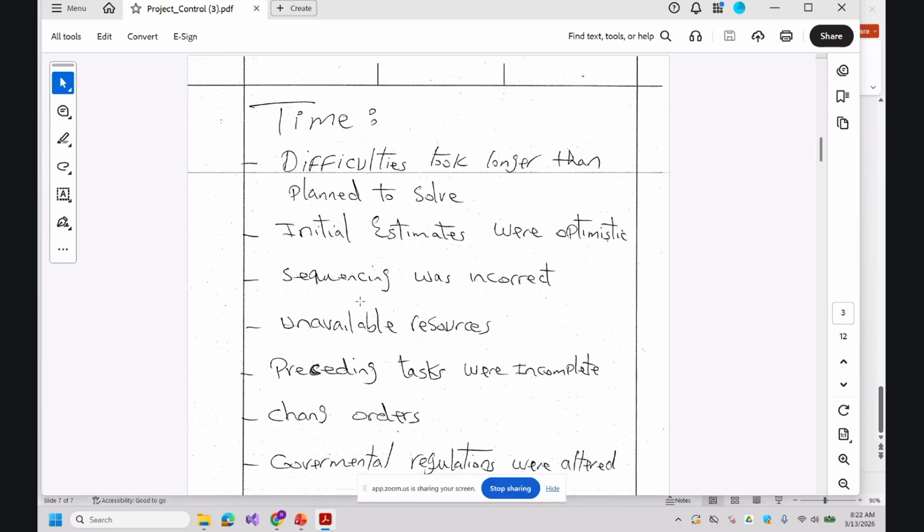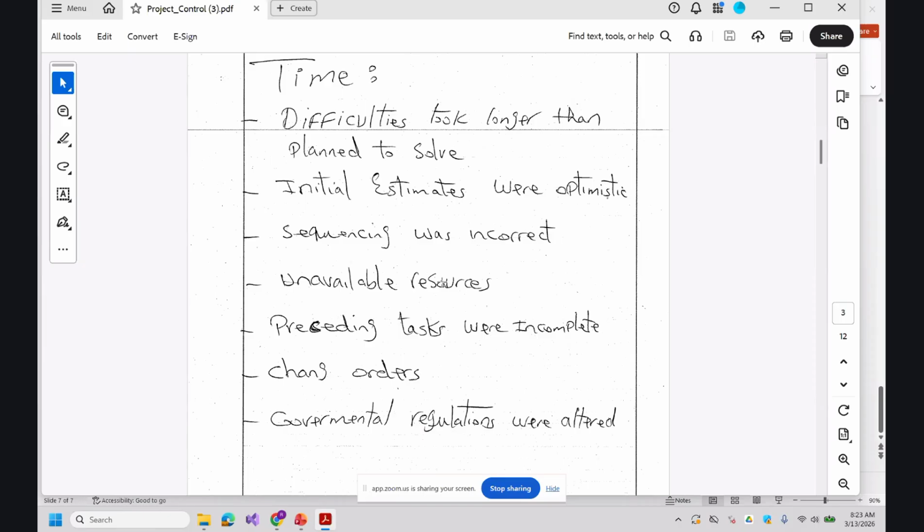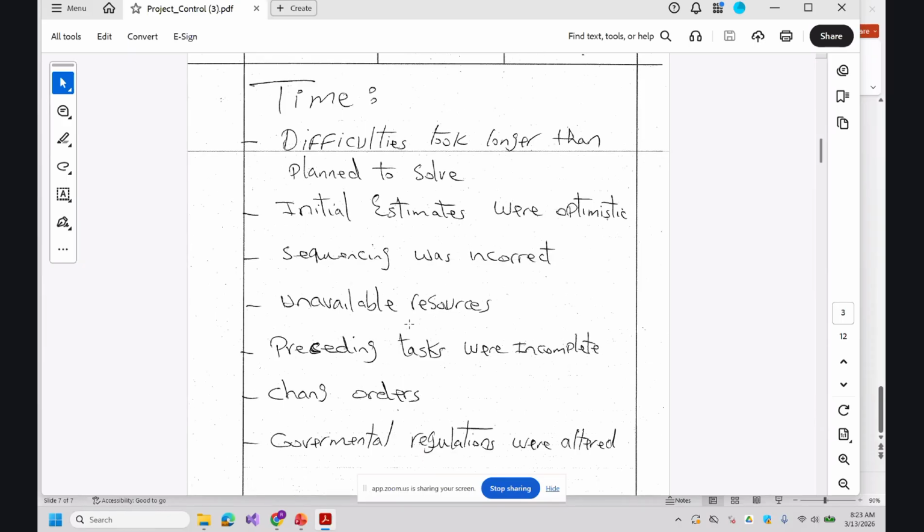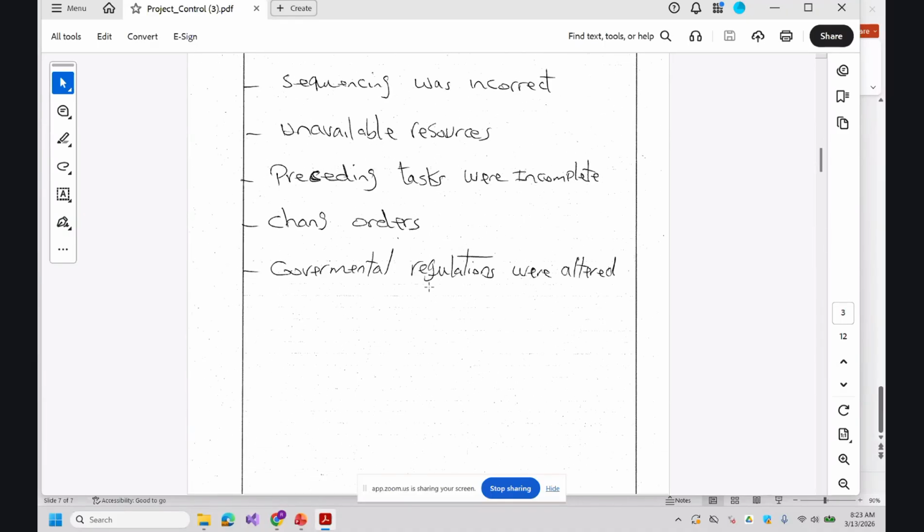The sequencing that you did in developing your project network and WBS maybe was not properly designed, or there were unavailable resources. So these are some of the concerns that you can take, review, and discuss in your meeting.